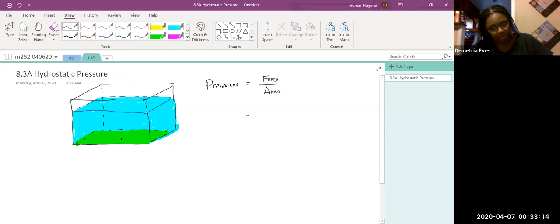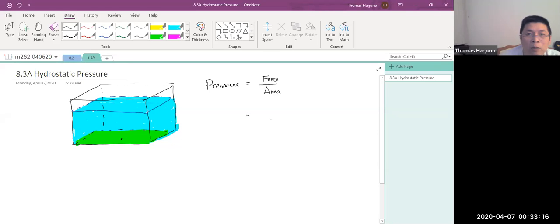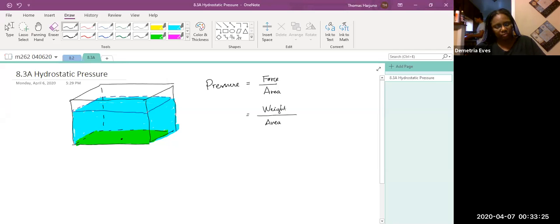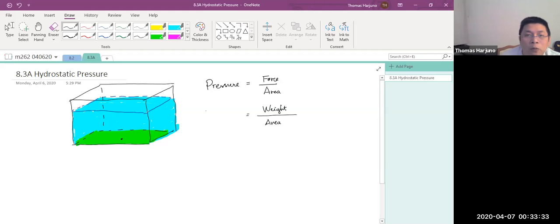Now what is the amount of force? The amount of force will be the weight of the water in this case. But the weight of the water is equal to the volume of the water multiplied by density.